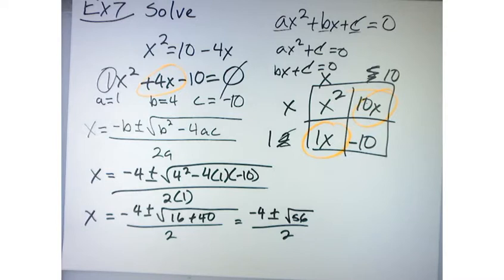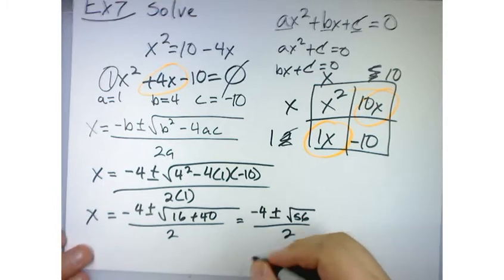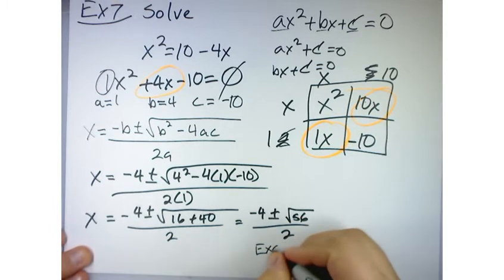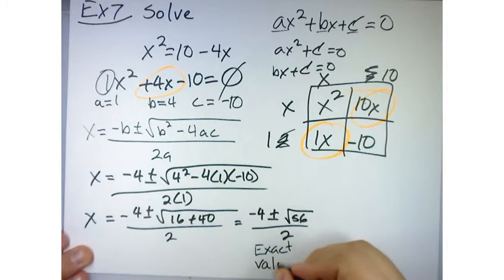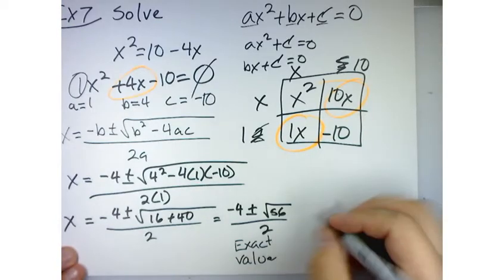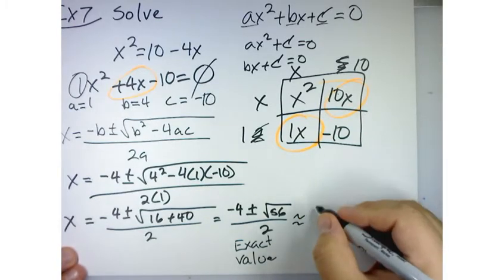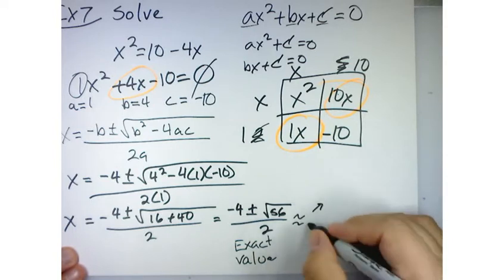Now as I look at 56, I want to see if there's a way that I could reduce that. And there isn't. Technically, this is what we call the exact value answer. This is exactly what the answer is. However, we could approximate this by plugging it into a calculator, but in order to do that, we have to separate it.